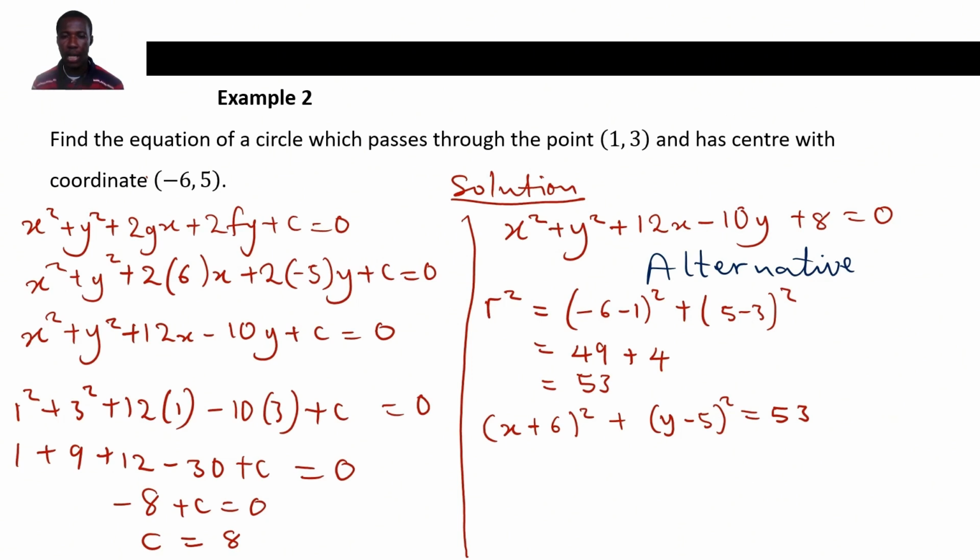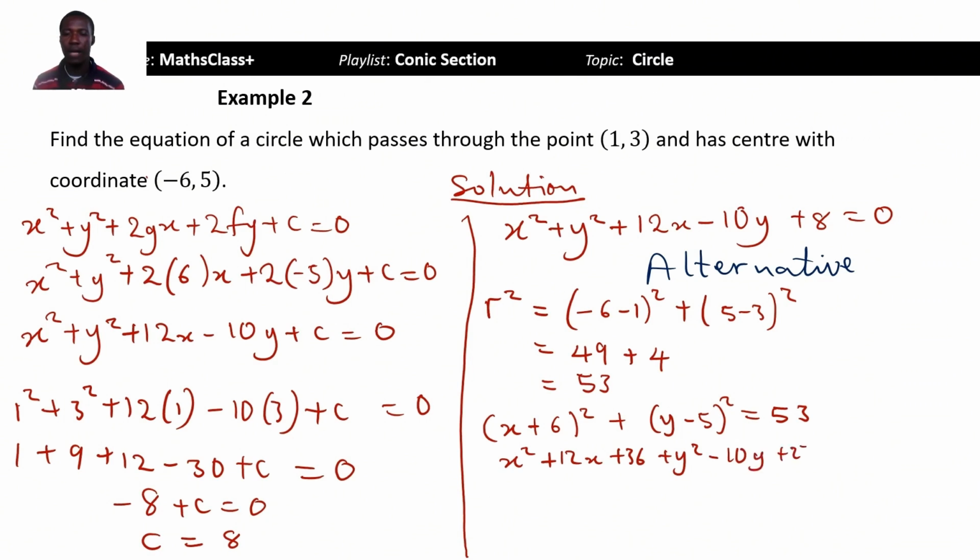So we open the brackets. We have x squared plus 12x plus 36 plus y squared minus 10y plus 25 is equal to 53.